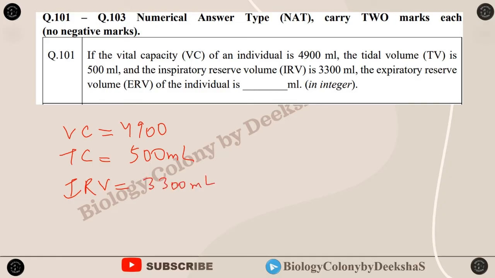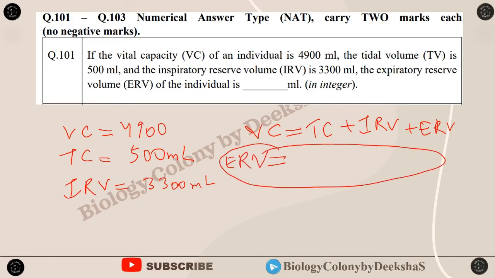So the formula, as we know, vital capacity is equal to tidal volume plus IRV plus ERV. So ERV is equal to vital capacity minus tidal volume minus IRV.